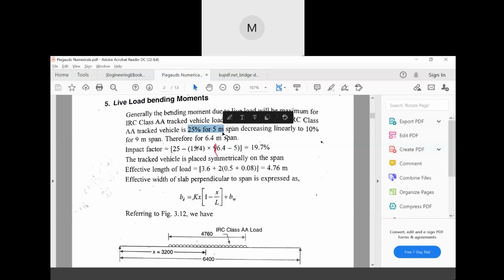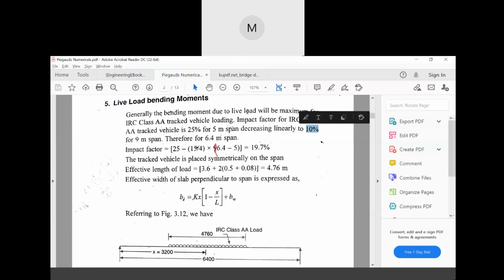Now look, if you consider 6.4 meter span, remember one thing. Now there are two values. For 5 meter span, it is 25%. For 9 meter span, it is what? 10%.